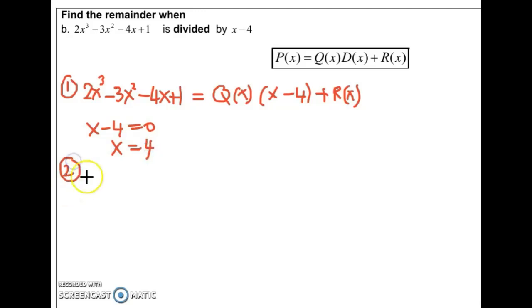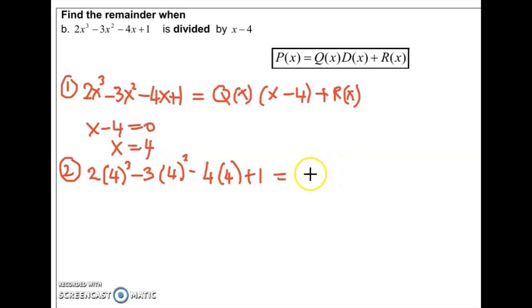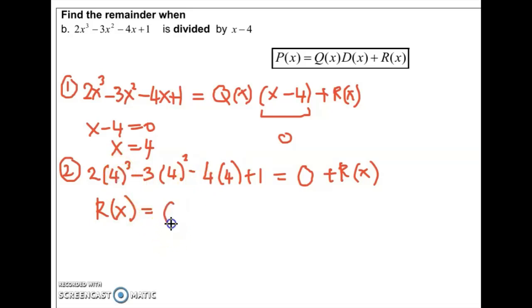Step 2 is to substitute the value x equals 4 into the equation. 2 times 4 cubed minus 3 times 4 squared minus 4 times 4 plus 1 equals, remember in the previous example, we know that this part is 0, so you can just write 0 plus the remainder. So now if you compute this, you will get the remainder is 65.